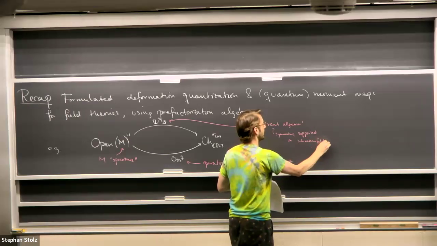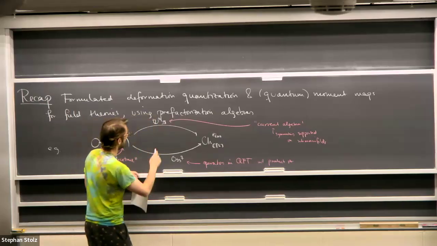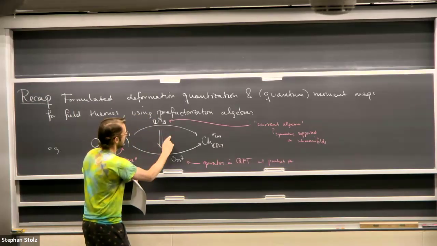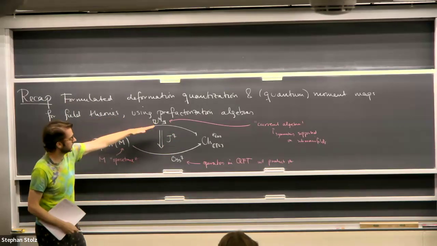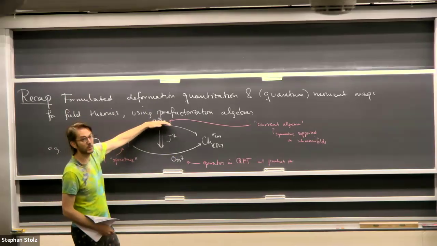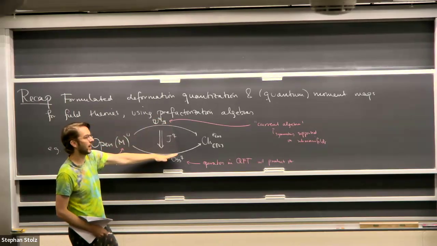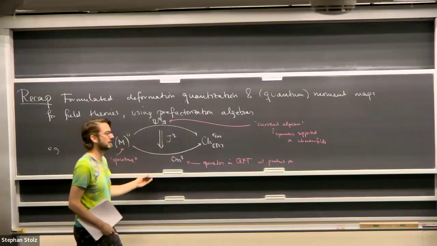And our version of a quantum moment map was that this pre-factorization algebra maps to this pre-factorization algebra. So each sort of abstract symmetry gives you some kind of operator in the actual field theory. So symmetries become observables, like we saw in the one-dimensional case.